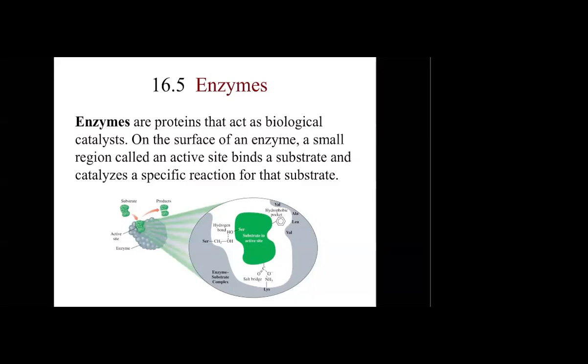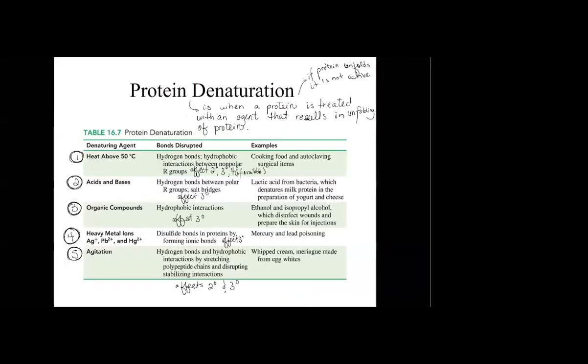The last thing that we talked about yesterday was the process of denaturation. Denaturations are different treatments that can happen to proteins in which we are specifically affecting the secondary, tertiary, or quaternary structure. Understand that if something affects secondary, then it is going to affect the ones that come after.